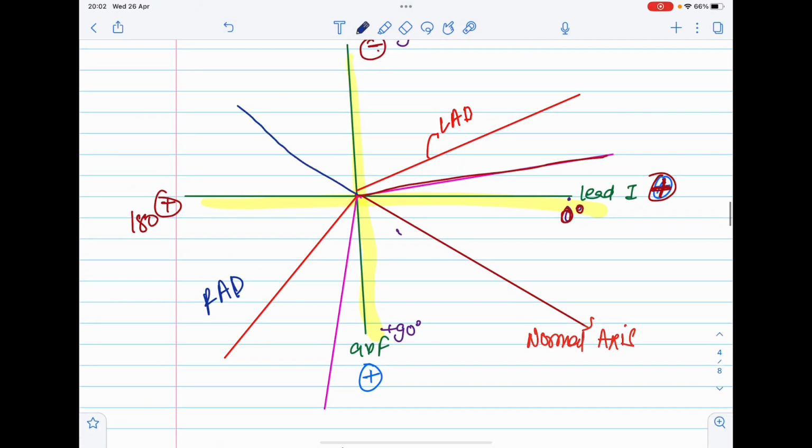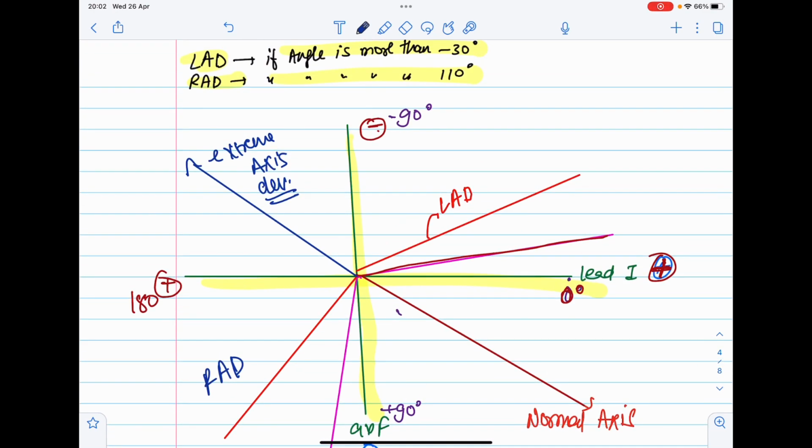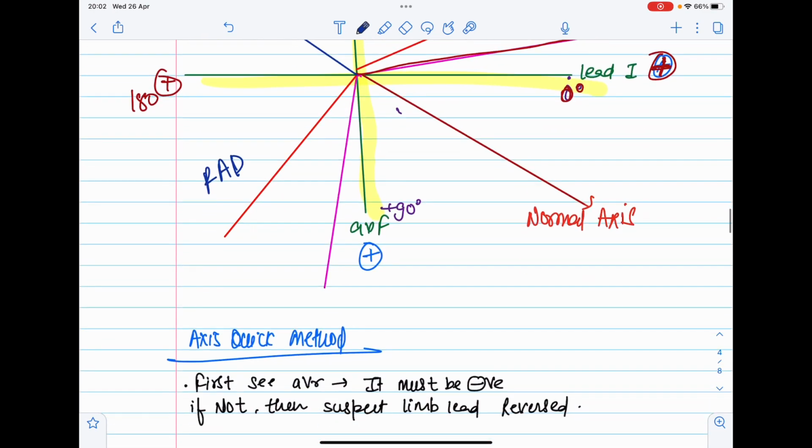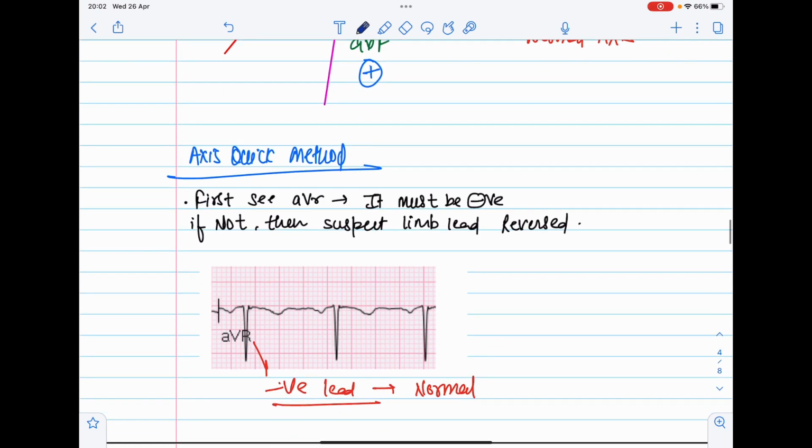And if some axis comes exactly opposite to the normal axis, we will say this is extreme axis deviation. So now you will say, oh, what is this? It is so complicated. Okay, let's go for the quick method.